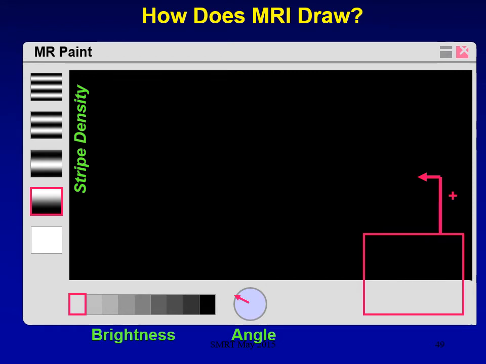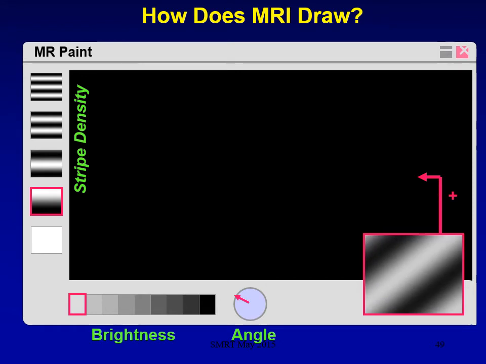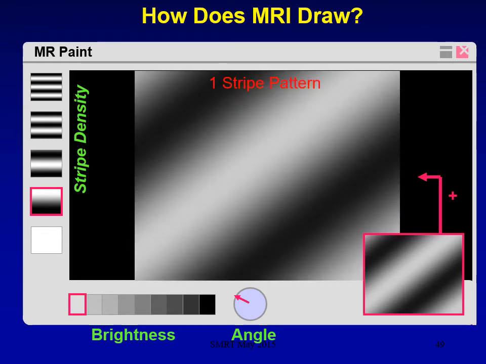So the first stripe we add is going to have this obliquity, but it's going to be across the whole image. So we add one stripe pattern across the whole image. And we keep doing this consecutively until the image obtains more and more information of higher and higher spatial resolution.